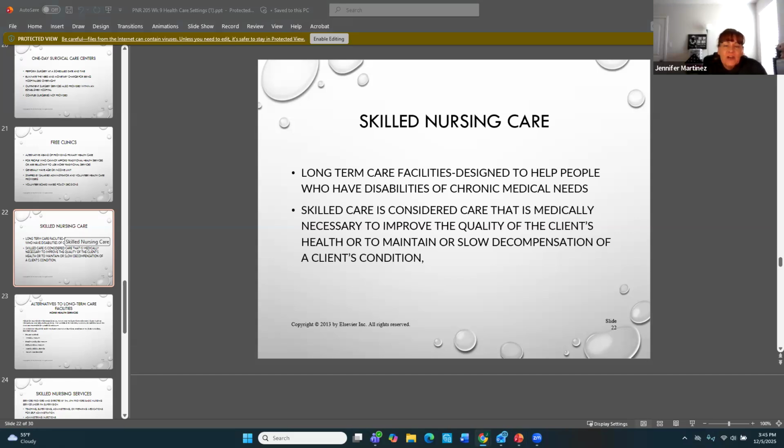So it could be after a hip replacement, it could be after a knee replacement. It could even be after a trauma. Somebody has had a major trauma. What else? A stroke. Absolutely. Heart attack. Anything dealing with rehabilitation. Right.